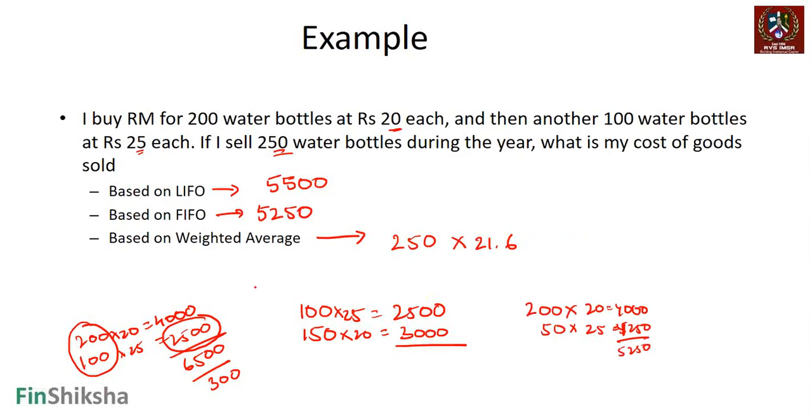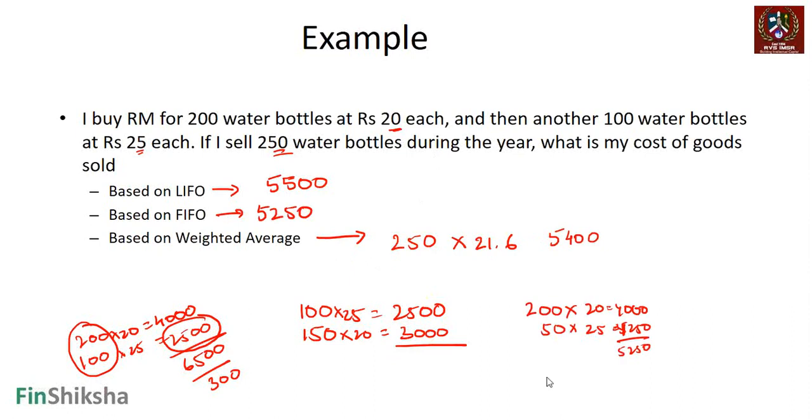In the case of LIFO, this will be 5,500. And the weighted average will be somewhere in the region of 5,400 or so, approximately.